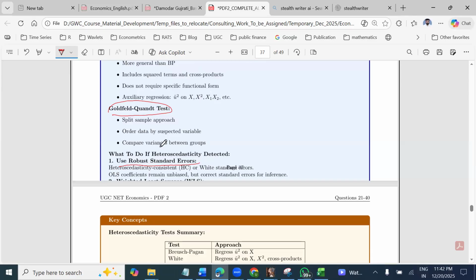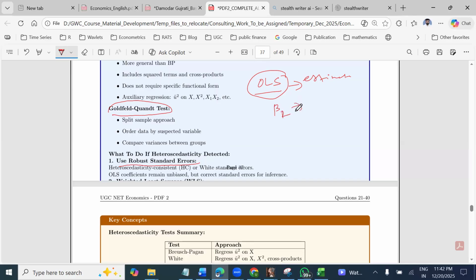Then what will happen to the OLS coefficient if there is heteroscedasticity in the regression, meaning there is unequal variance in the data? What will happen to the OLS estimator? I have already told you many times. Inefficient, sir.